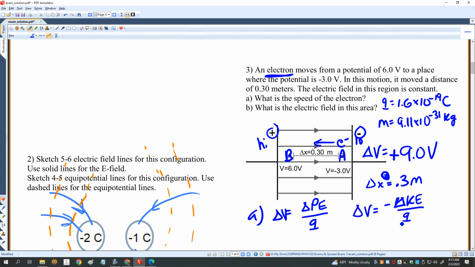Because if I have a positive change in my potential energy, I have the opposite change in my kinetic energy.